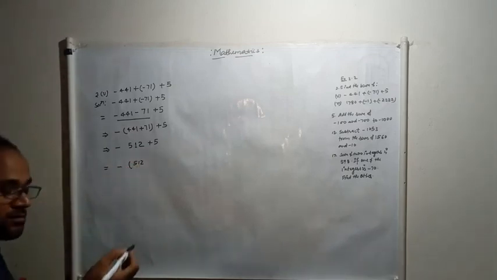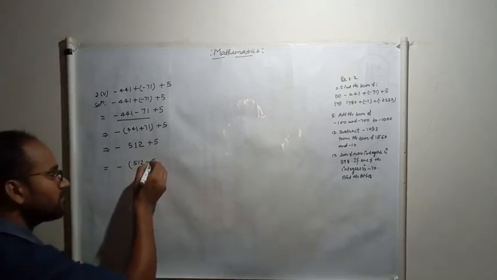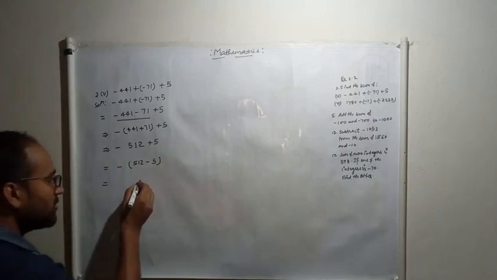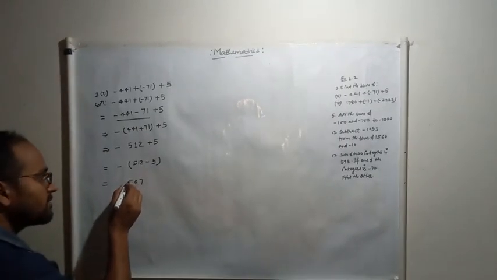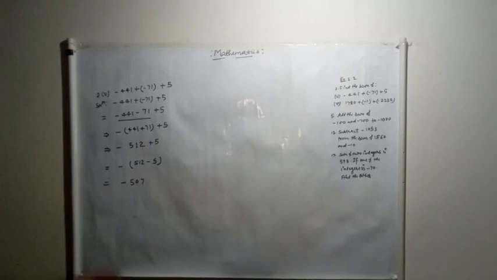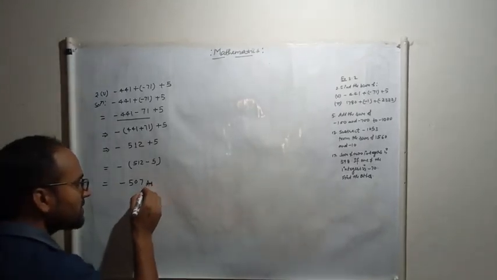From the bigger, I subtract the smaller one. 12 minus 5 is 7, then 0, and so minus 507. This is your answer for this solution.